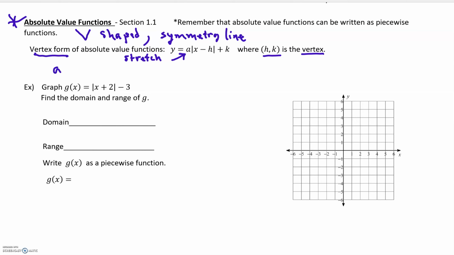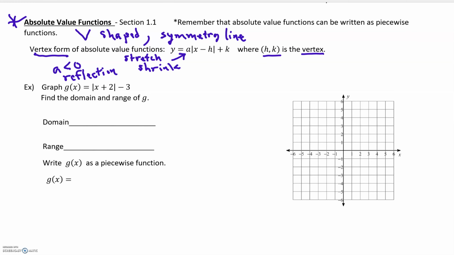Because if a is negative, if a is less than 0, there's going to be a reflection. It's going to flip the V shape upside down. So if a is less than 0, there's a reflection. There's a stretch if a is greater than 1, or if a is less than -1, vertical stretch. If a is between -1 and 1, there is a shrink.